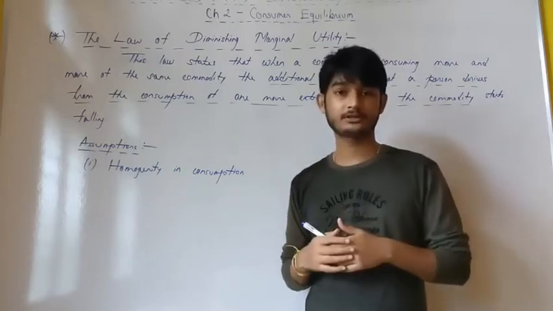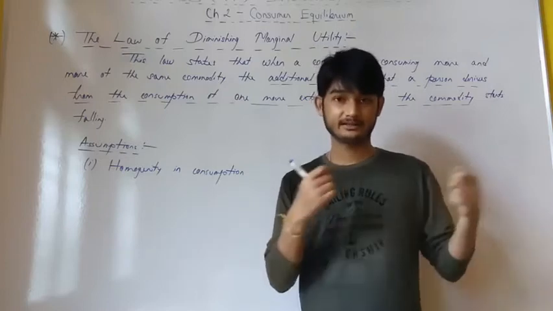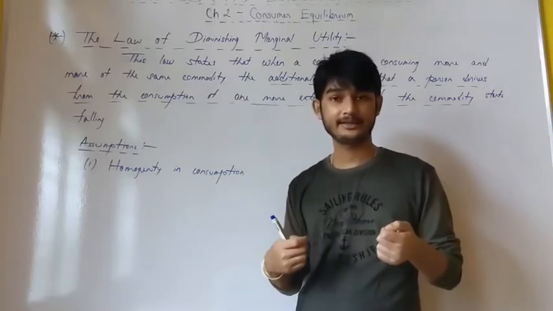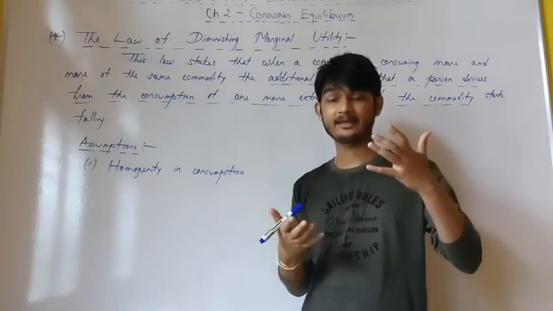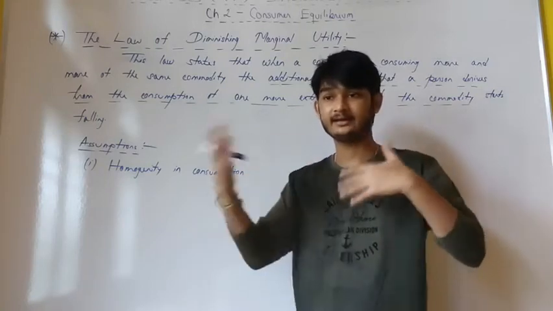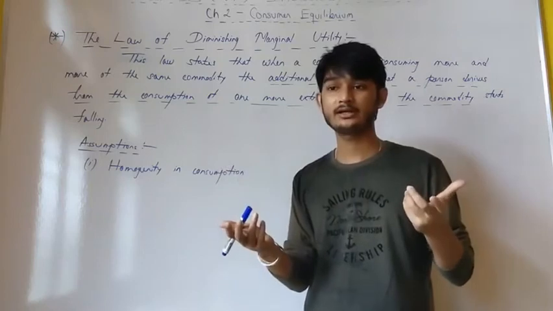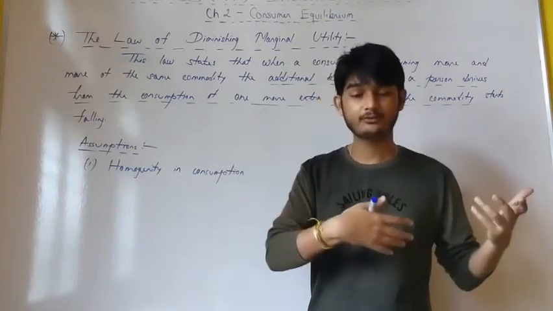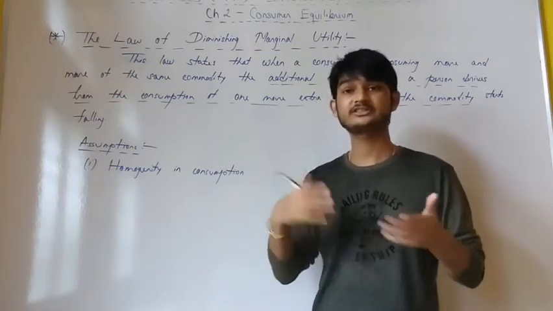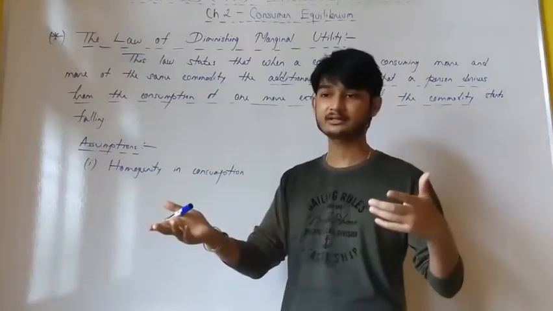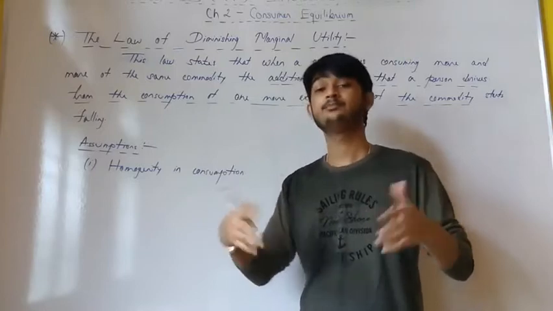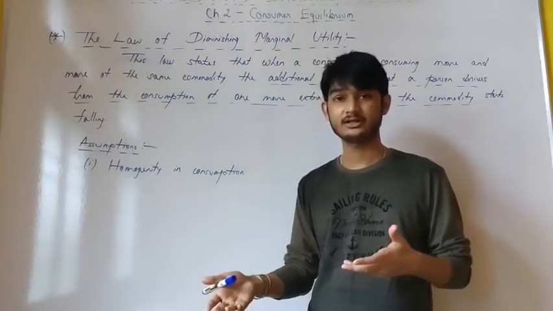The thirsty example, the water and the thirst example. If we drink water in a glass, and if we keep drinking water in a glass, the first glass of water will give more satisfaction, the second glass of water will give lesser satisfaction, the third glass will give still lesser satisfaction.